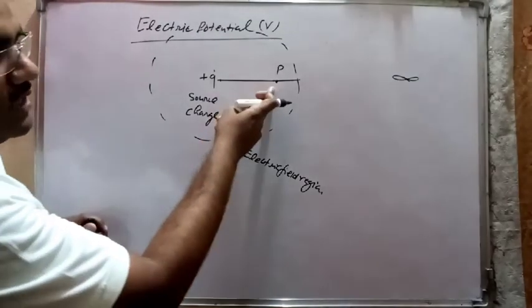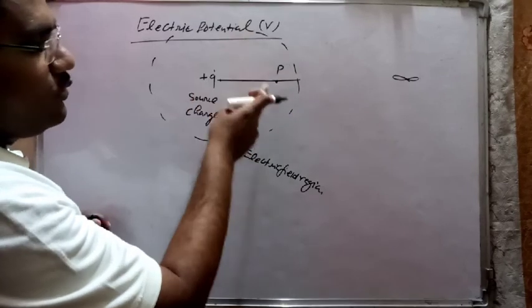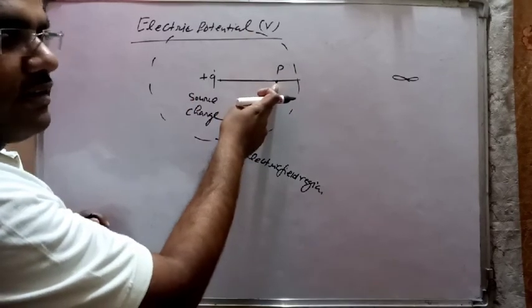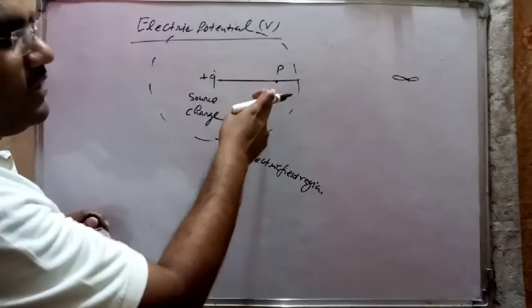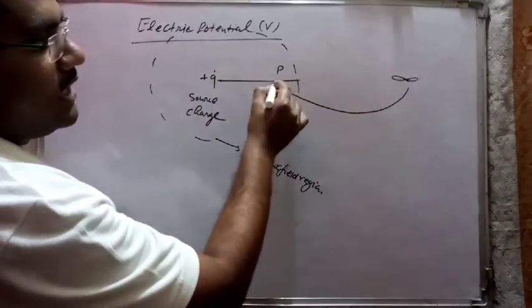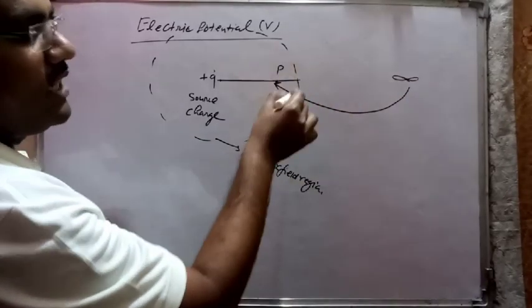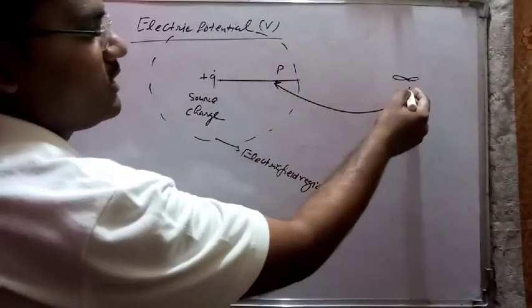Definition of electric potential is that the electrostatic potential of any point inside electric field is defined as moving a test charge from infinity to the point where we have to find the electrostatic potential. This one is the infinity.